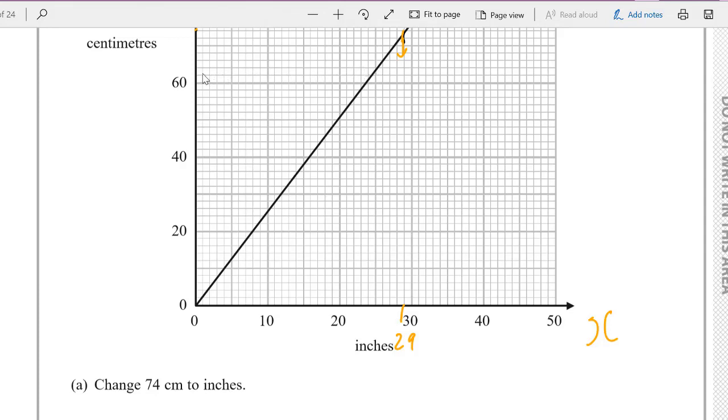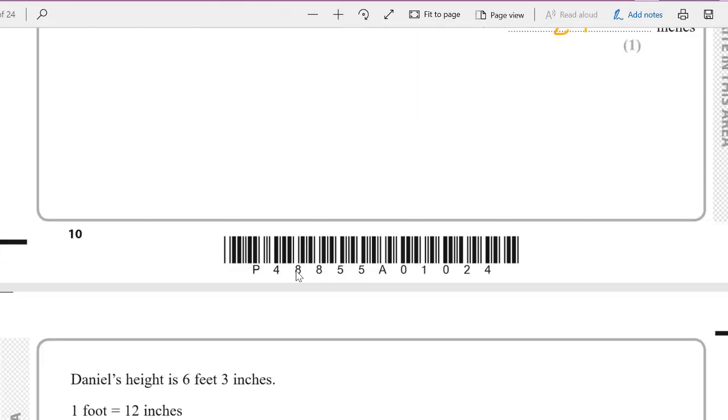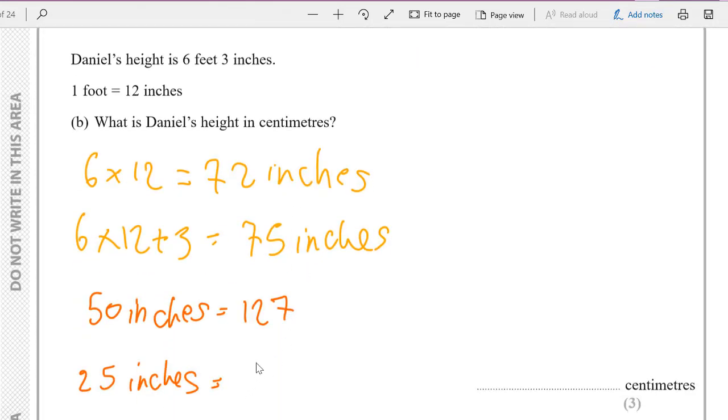And if we go here, it gets to 63. That's 62, and then that's 63 centimeters. So if we add these two, we get 190. So 190 centimeters is our answer.